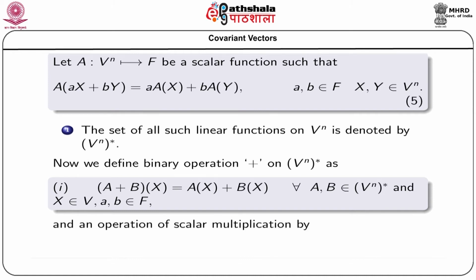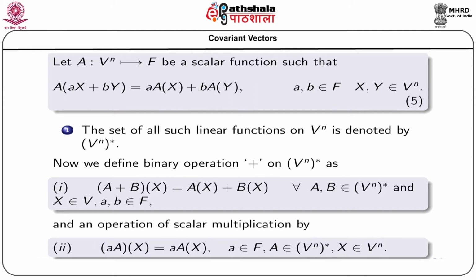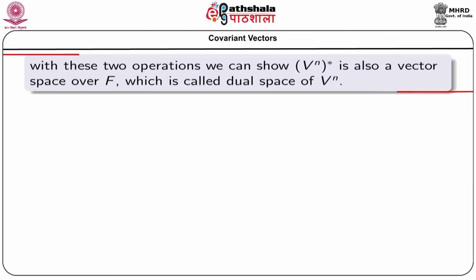And the second operation is the scalar multiplication given by (aA)(x) equals a times A(x), where a belongs to F, A belongs to V_n star and x belongs to V_n. With these two operations, we can easily show that V_n star is also a vector space over F, which is called the dual space of V_n.